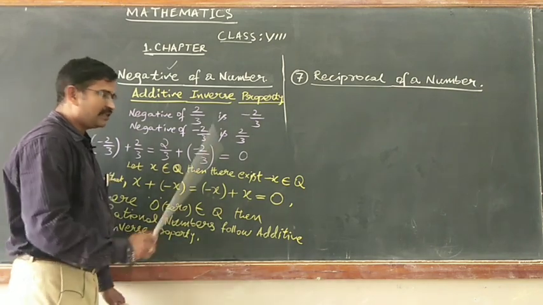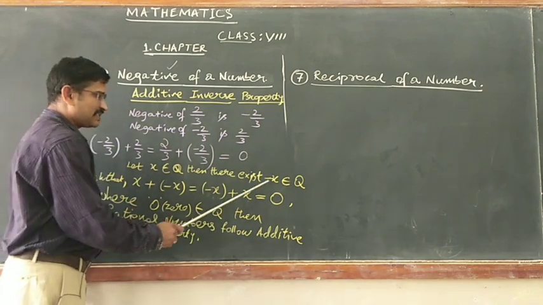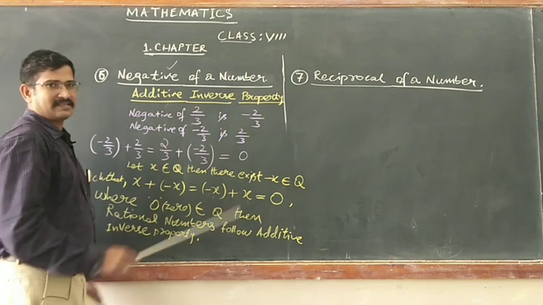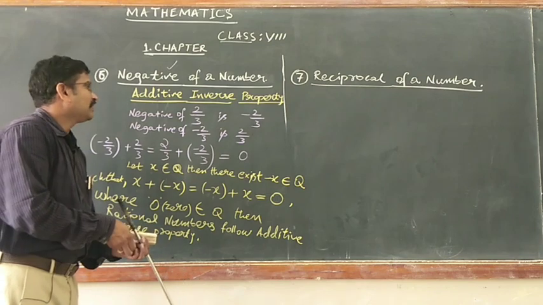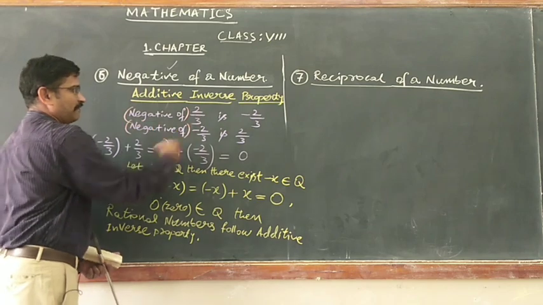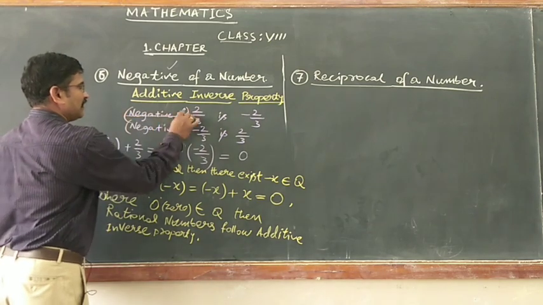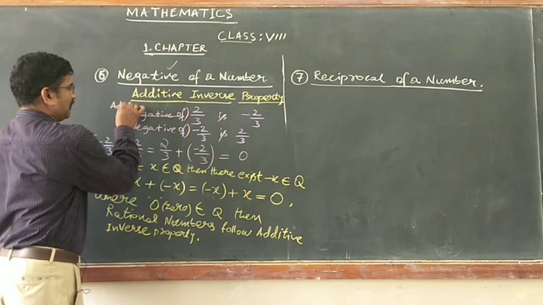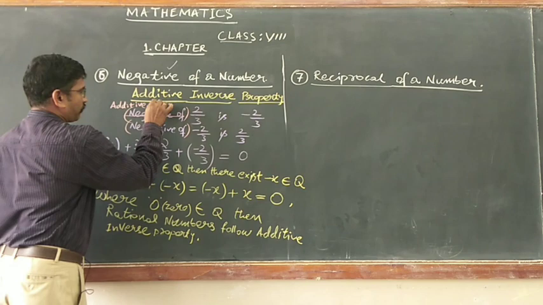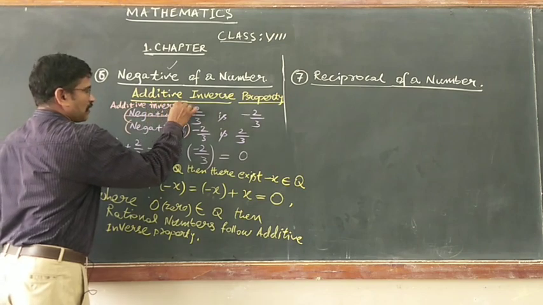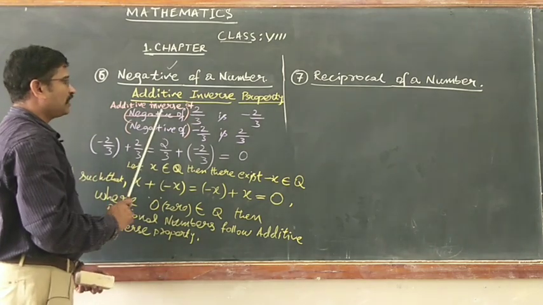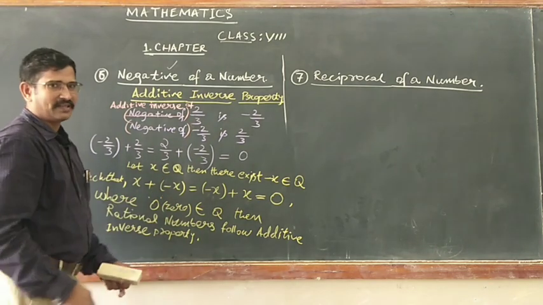See children, here minus x is called the additive inverse of x. Here what I said, the same, instead of this I can write: additive inverse of 2 by 3 is minus 2 by 3.